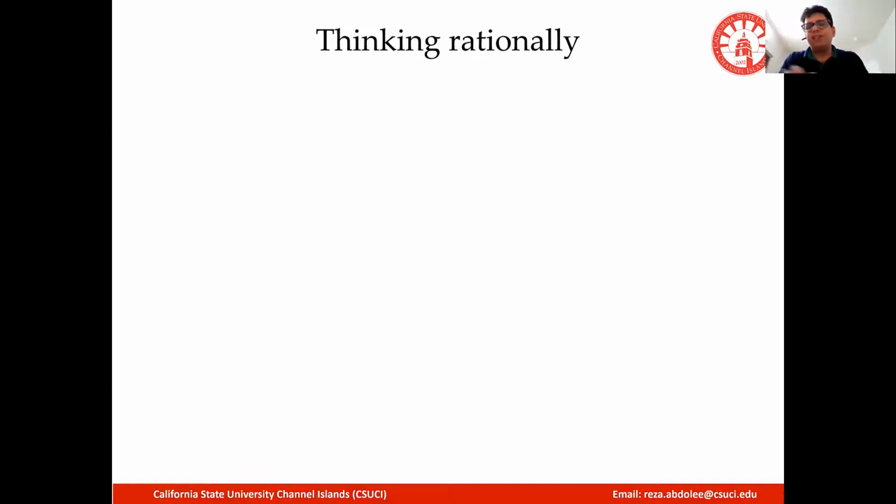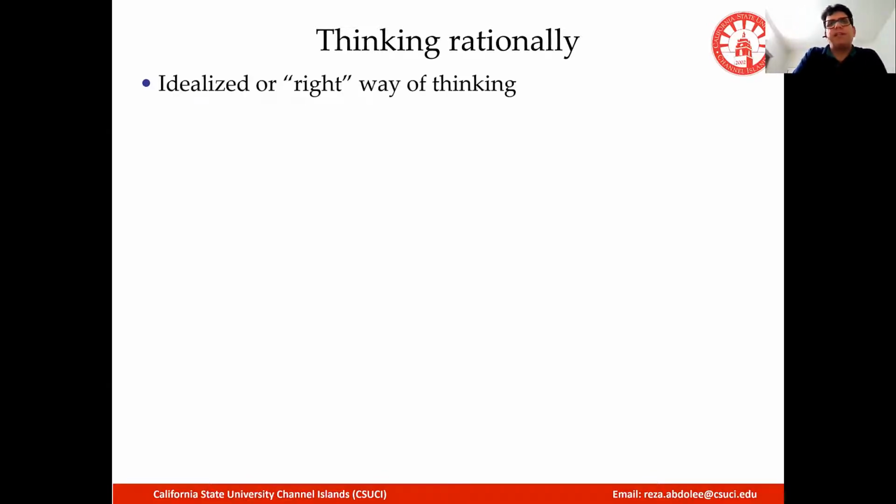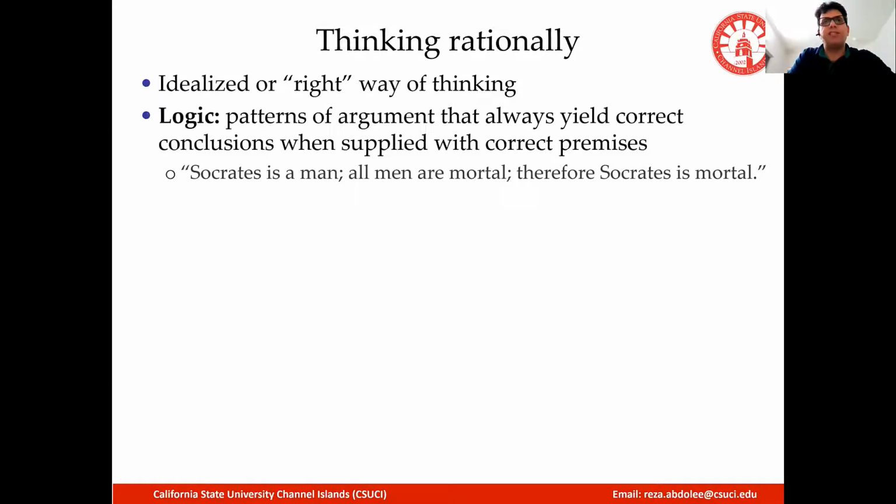Okay, the next possible strategy is thinking rationally. So we can make an intelligent agent that thinks rationally. The strategy is to have an idealized or right way of thinking for your machine. For that, you need logic.